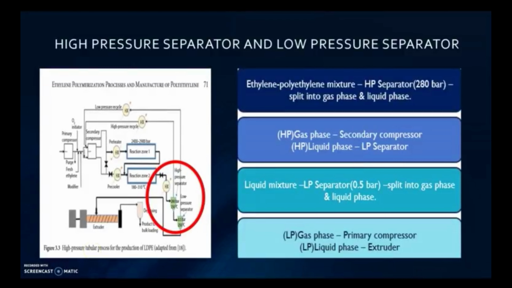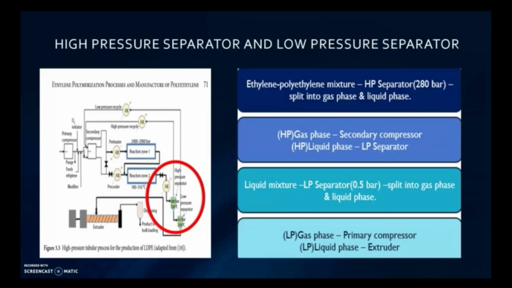I will explain about the high pressure separator and low pressure separator. First, the ethylene polyethylene mixture will go to the high pressure separator at 280 bar and it will split into gas phase and liquid phase. High pressure gas phase will go to the secondary compressor and high pressure liquid phase will go to the low pressure separator.